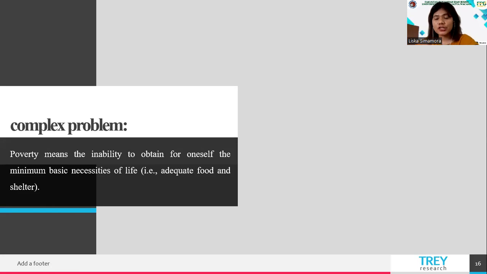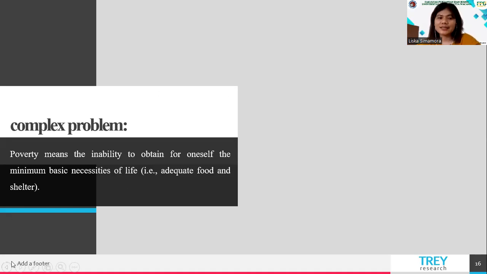Let's find a solution to eradicate poverty if we define poverty as a complex problem. So poverty means the inability to obtain for oneself the minimum basic necessities of life.